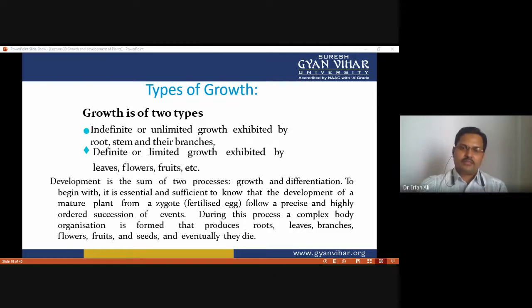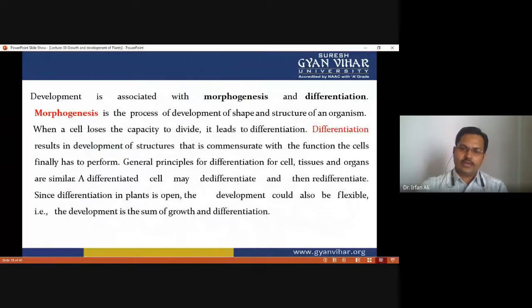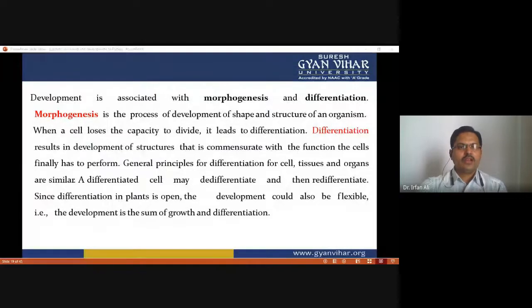So during this process, a complex body organization is formed that produces roots, leaves, branches, flowers, fruits, and seeds, and eventually they die.